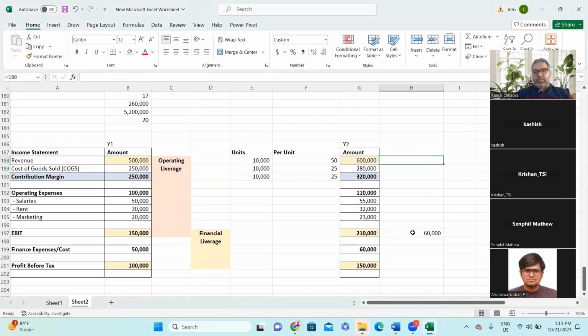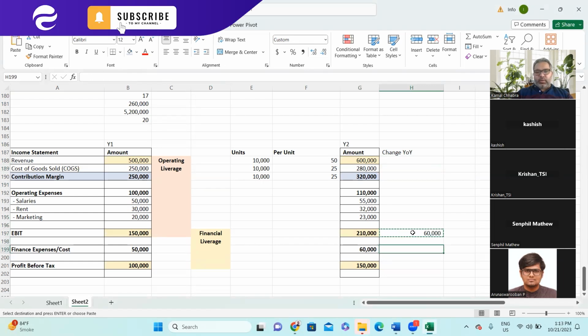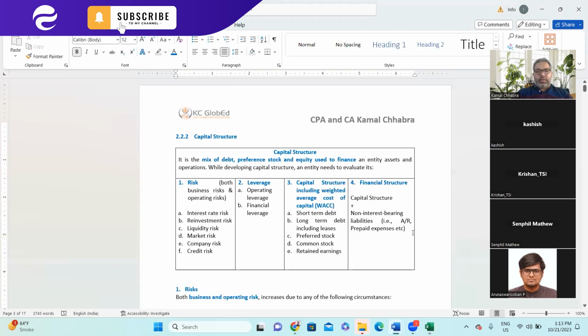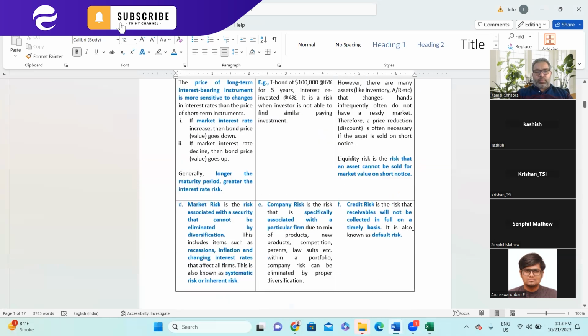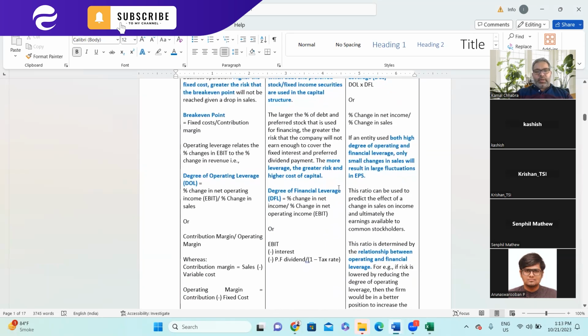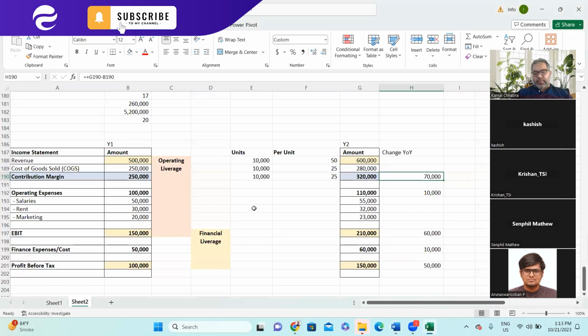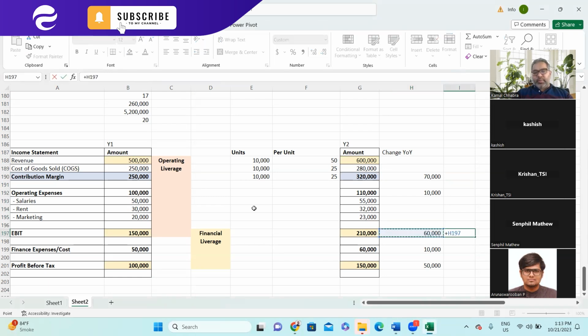So this is change. So degree of operating leverage is change in net operating income, that is EBITDA, divided by change in sale. A change in EBITDA is 60,000 divided by change in sale.